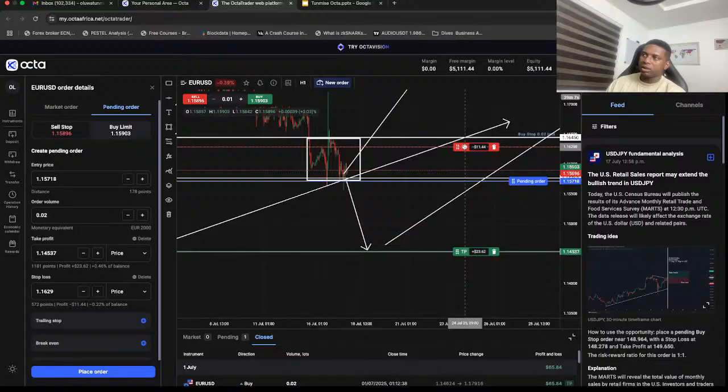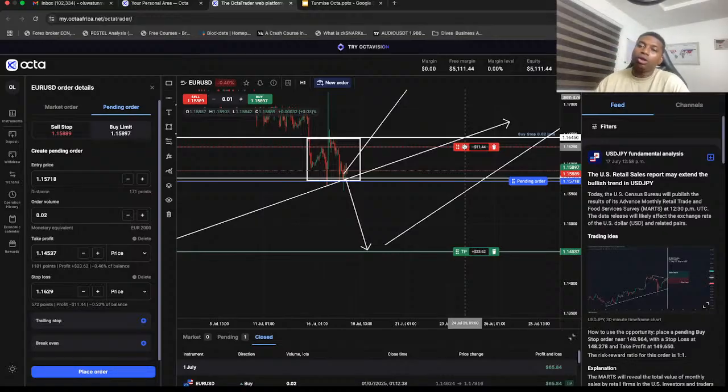That's 2:1. I'm willing to take a profit of $23 and only a loss of $11.